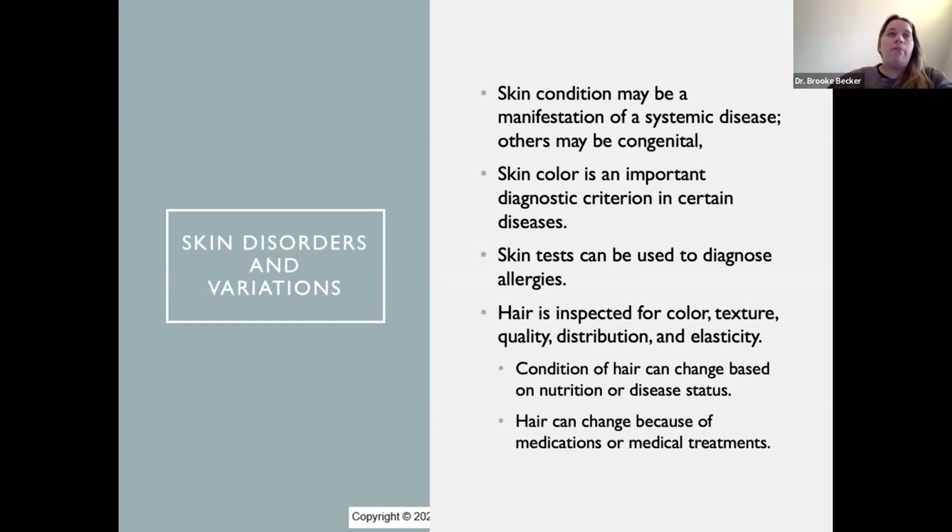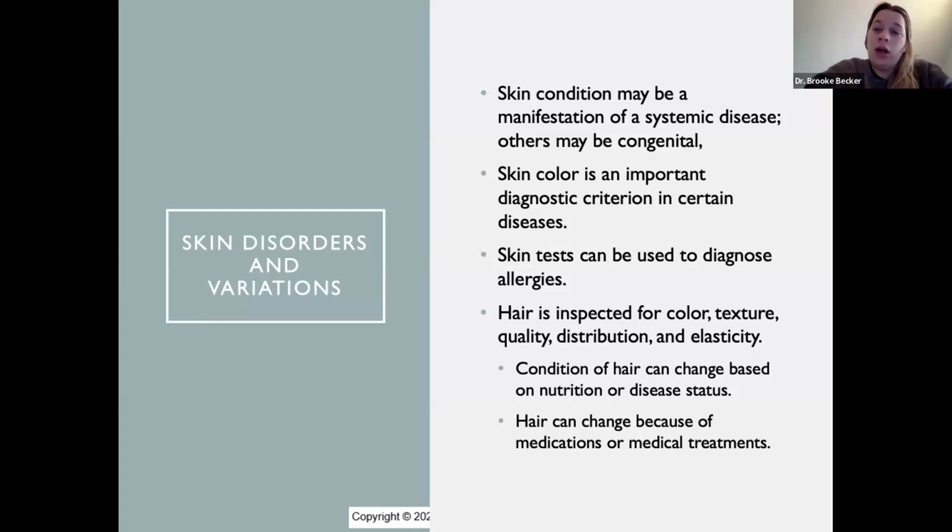So skin conditions may cause systemic disease. Okay, so the kids may have a skin condition that affects, you know, not only their skin, but other body systems. Okay, this may be something that they're born with, so it may be congenital. It may be a genetic kind of factor with skin condition.